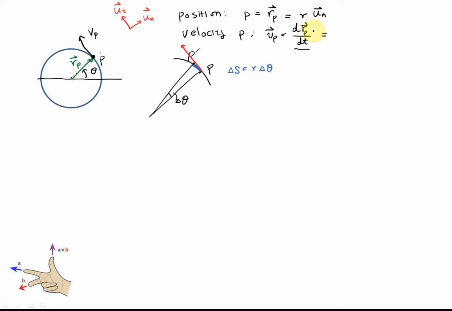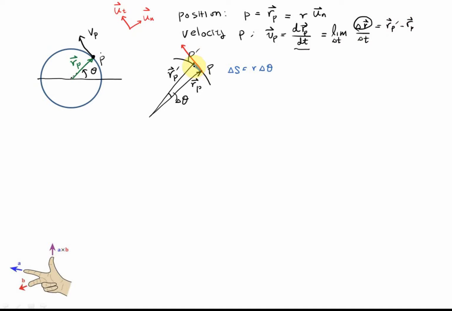Then the velocity is drp over dt, which is the same as the limit of delta r over delta t when delta t goes to almost 0. The delta r is the change of your position, right? So this is your rp, and the next time this is rp prime. So this delta rp is rp prime minus rp.